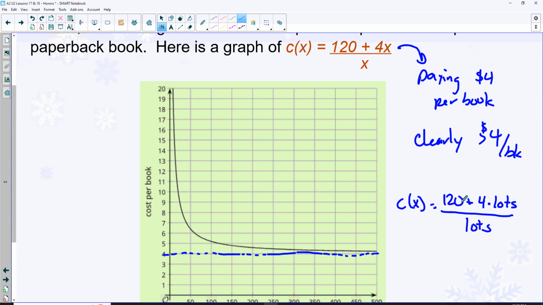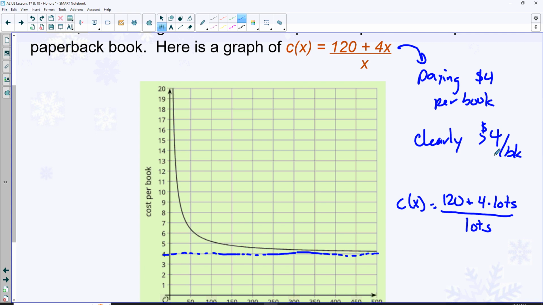Now, here's the thing. If I take a huge number and multiply it by 4, is it still going to be huge? Yeah, but it's going to be 4 times as huge as huge. Maybe it's going to be ginormous. But what does the 120 play into this? What if this number is like a billion books, a trillion books? What if we print books for the whole galaxy, right?